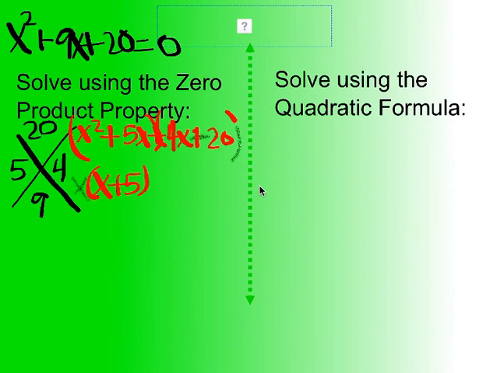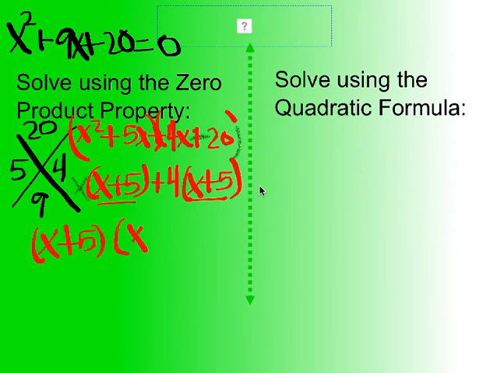Now, out of the second group, between 4x and 20, I can take out a 4, and then I'm going to be left with, again, x plus 5. Okay, so now I notice that my leftovers are matching. So one of my factors is going to be x plus 5, and my other factor is going to be x plus 4.